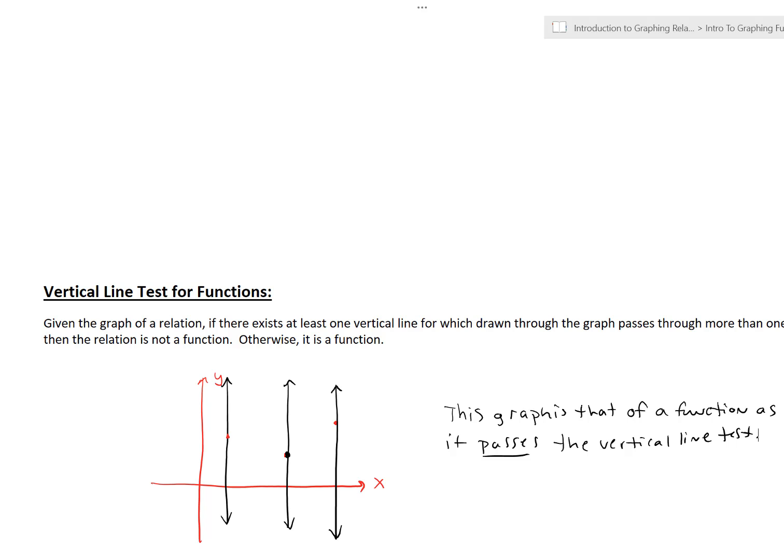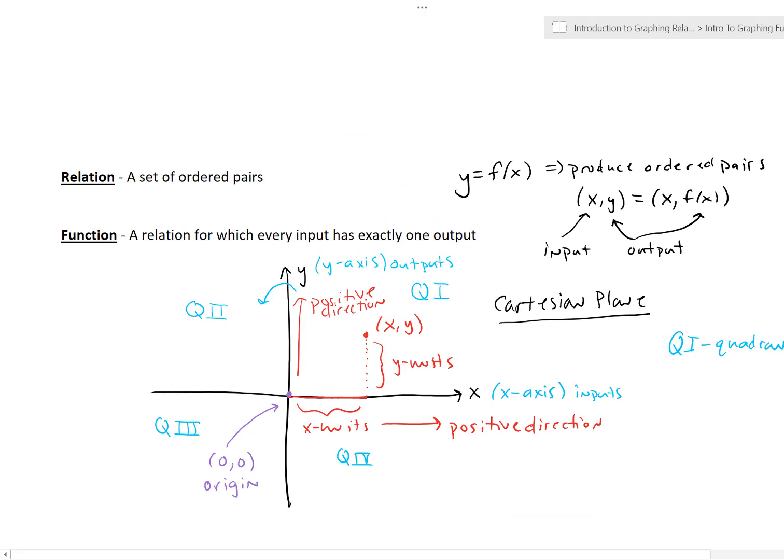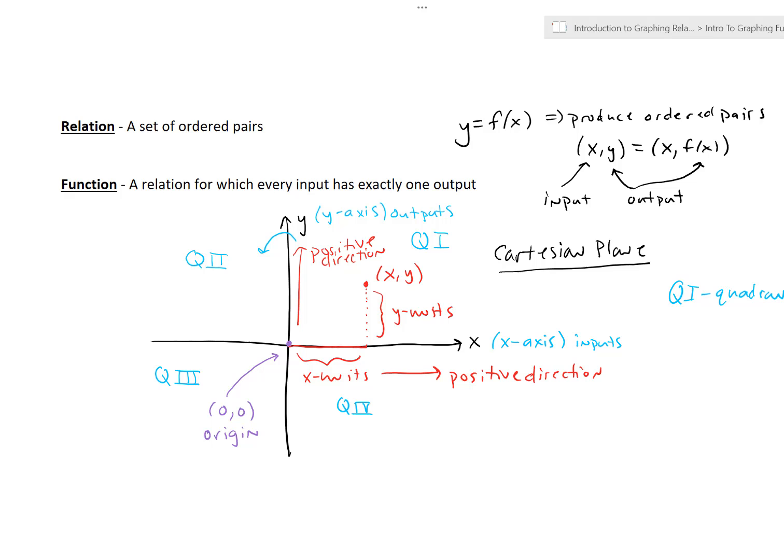So just to refresh what we did, we talked about the Cartesian plane. This is the place where we plot ordered pairs in general, both for relations and functions. Any point that we graph, x comma y, is always plotted by first moving left to right x or input units away from the origin.